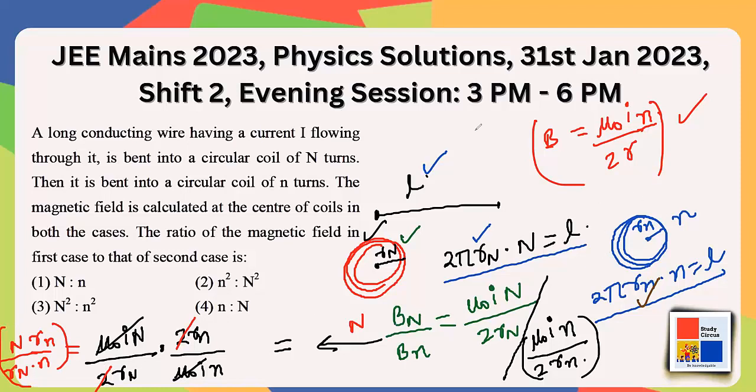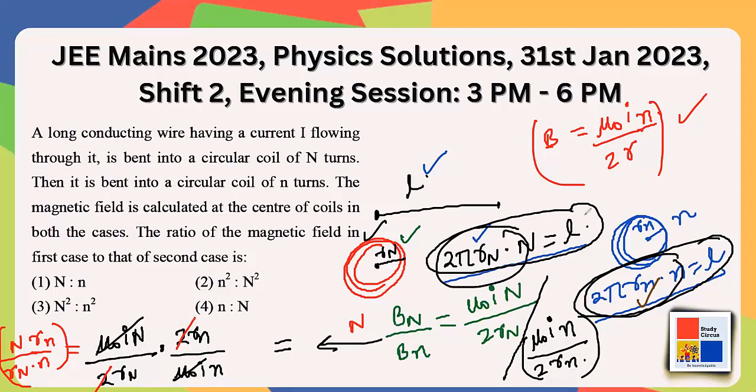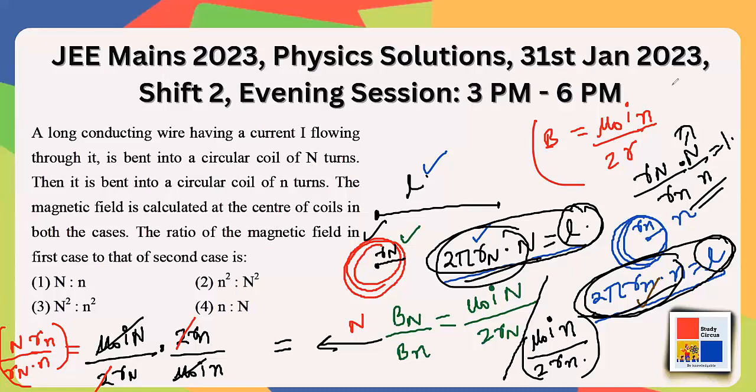Now you see this one and this one we had, right? You just divide one by the other. You get the ratio of N upon small n. This thing you divide by this should be equal to this divided by this, that is 1. That means R_N upon R_n times N upon n is 1. That means from here I can say that small n upon N is equal to R_N upon R_n, isn't it?